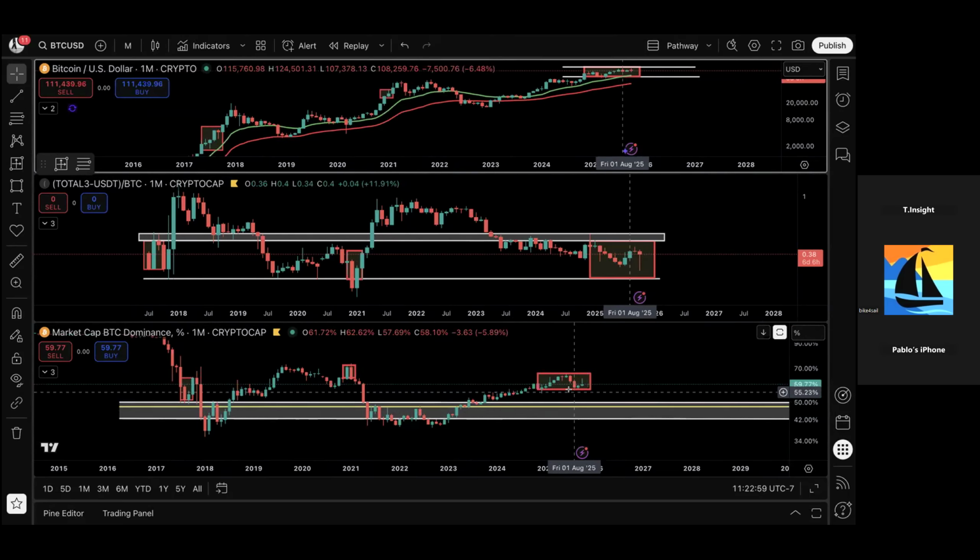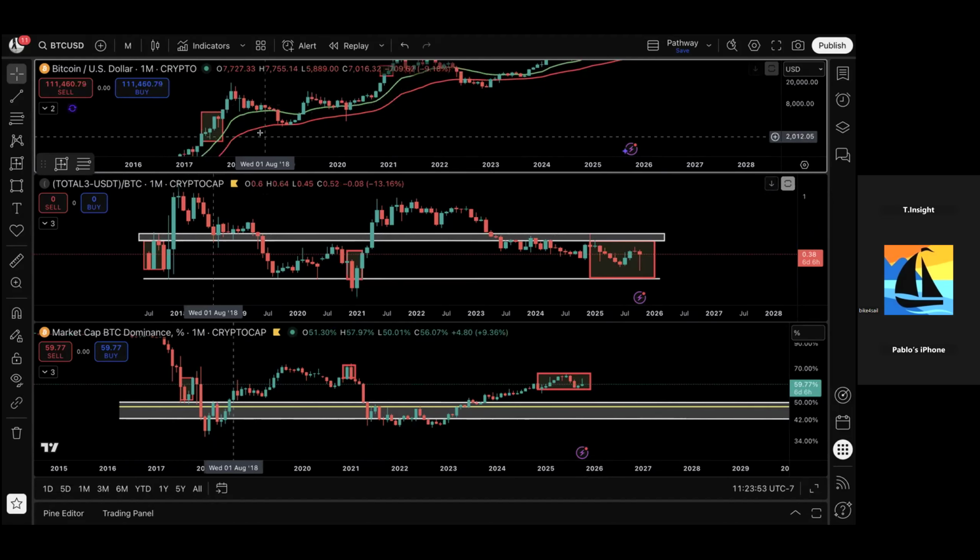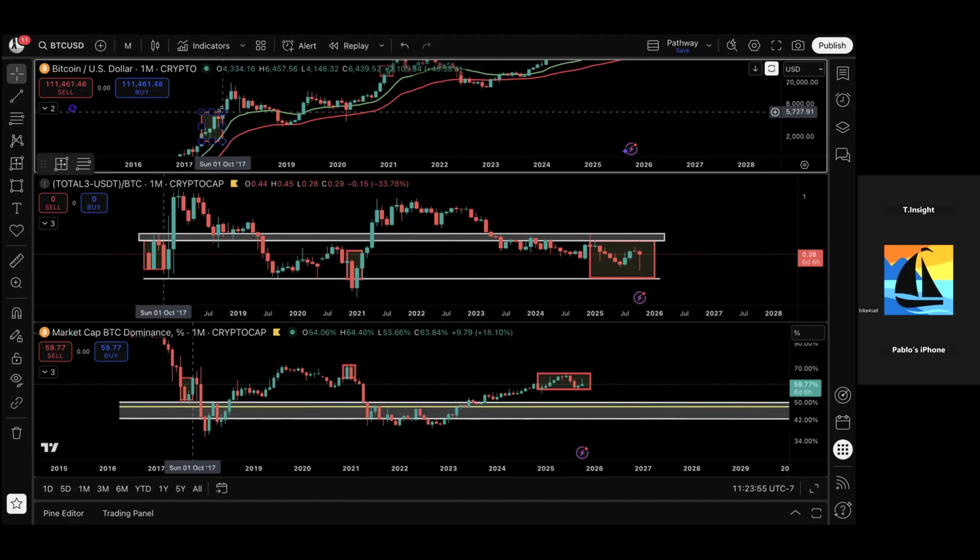Now, the most important part for alts in this section is this. For us to have the euphoric alt season, we have to break this level here between this range of 0.47 and 0.53. So before we get there, in order for us to reverse, we will see alts, Total3, bottoming during that time that Bitcoin's breaking its all-time high.